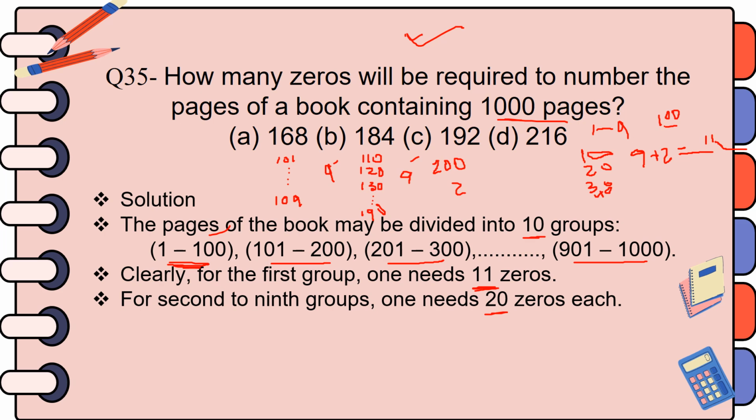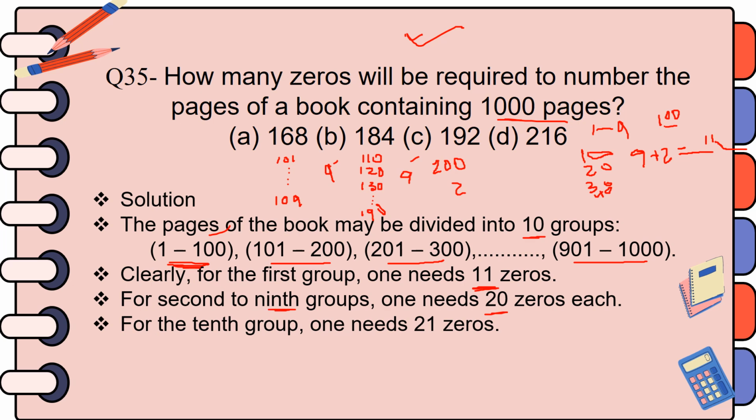And in a similar way, count the number of zeros for the second group, the third group, up to the ninth group. It is similar, and from the second group to the ninth group, there are 20 zeros for each group.